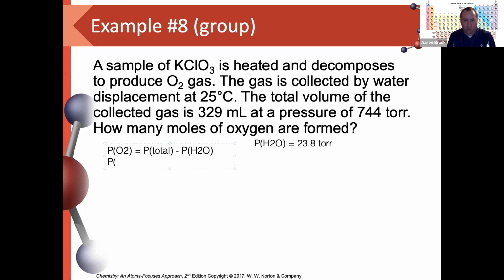And so knowing that 744 torr was our total pressure, 23.8 torr is our vapor pressure of water, the pressure of the oxygen would be 720 torr.